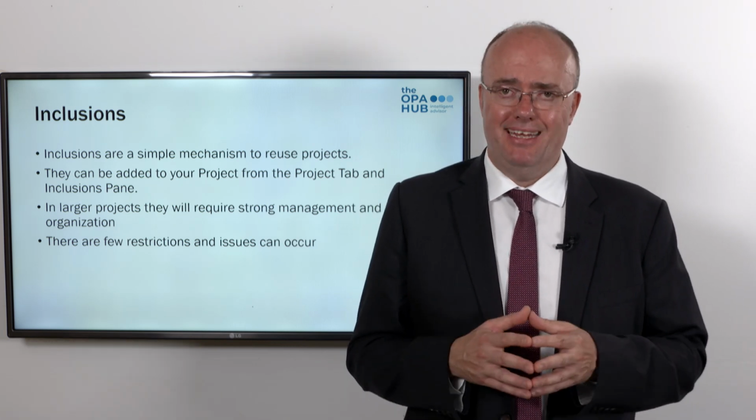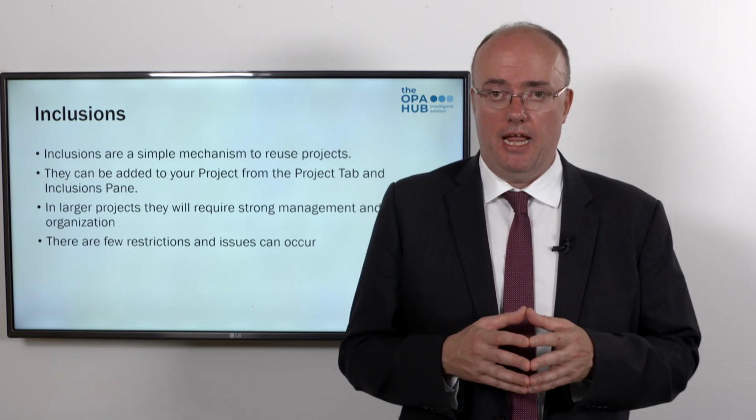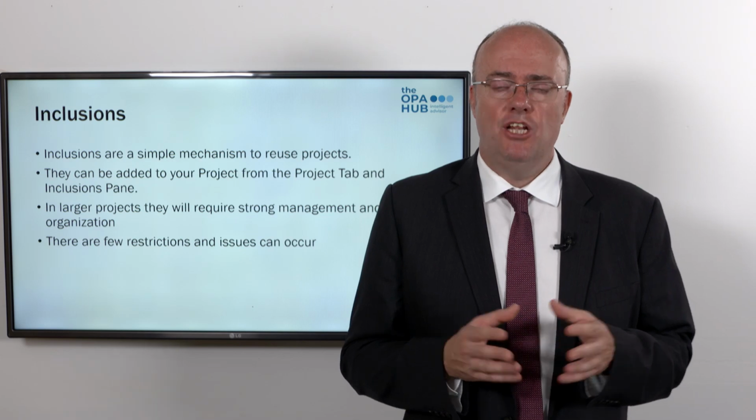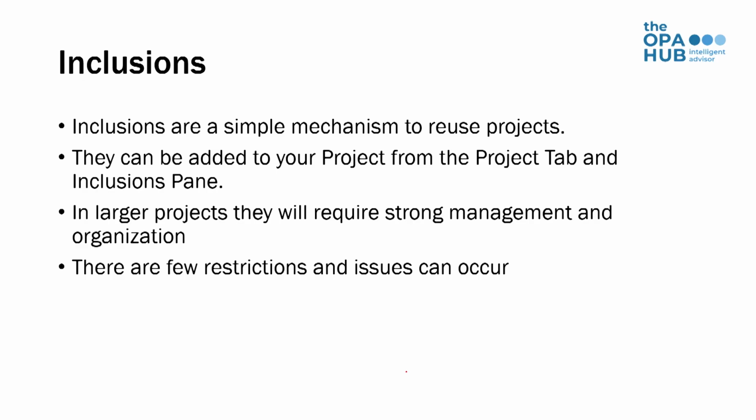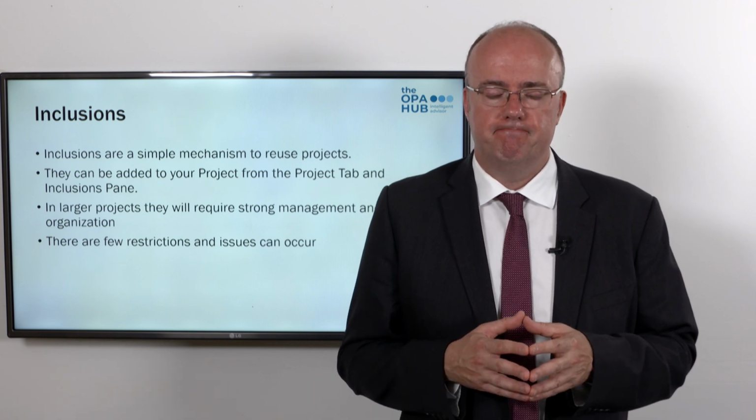It's a really simple idea. For a given project, let's call it project A, you can include other projects in it. So if you have two projects and one of them has interesting things in them that you want to reuse, when you create your next project, you could say, okay, let's include this in my second project. Sounds easy, sounds a great way to reuse stuff.